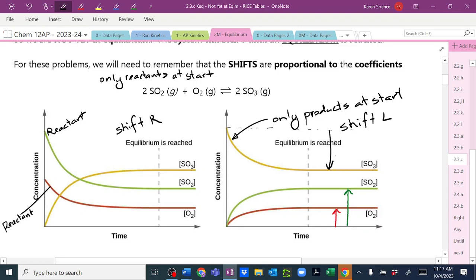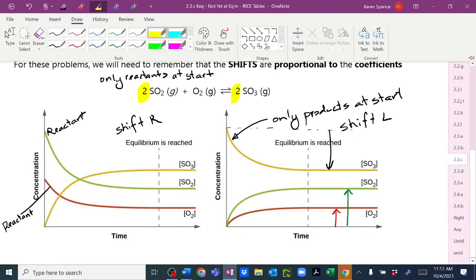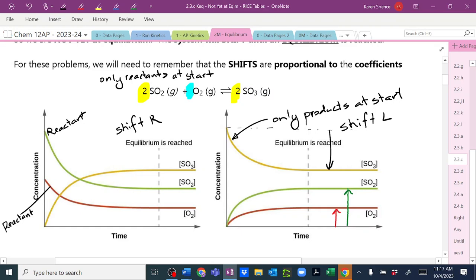Yes, because there is 2 SO2 and 2 SO3 for every 1, which isn't written, O2. So we make 1 O2 for every 2 SO2s, and in making 2 SO2s, we use up 2 SO3s.